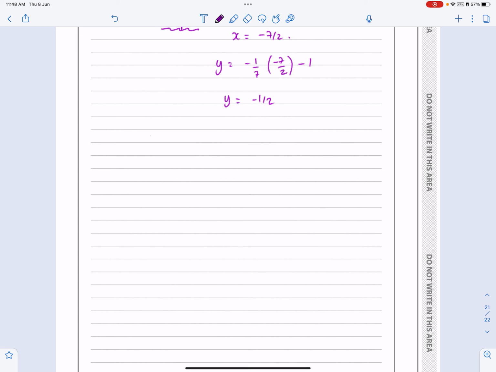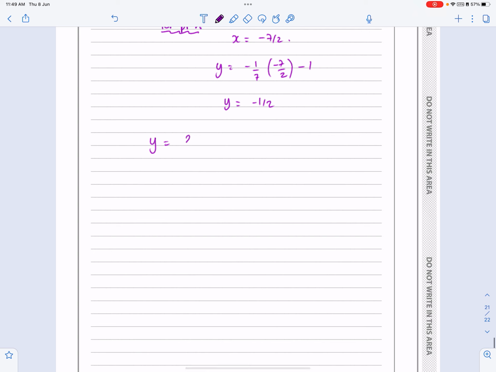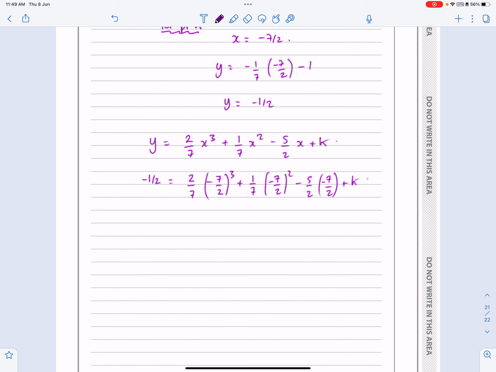So if I say my equation for my graph is y equals 2/7 x cubed plus 1/7 x squared minus 5 over 2 x plus k, but we know when y is equal to minus a half, x is going to be equal to minus 7 over 2, so I substitute in minus 7 over 2 cubed, times 2 over 7, plus 1 over 7 times minus 7 over 2 squared, minus 5 over 2 times minus 7 over 2, plus k, and just rearrange all that.